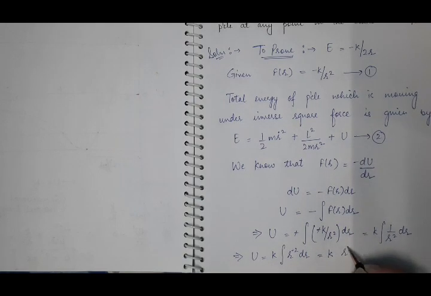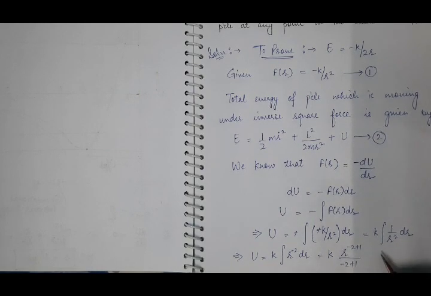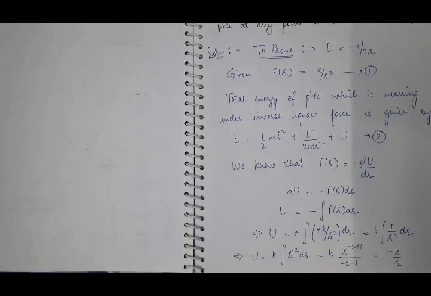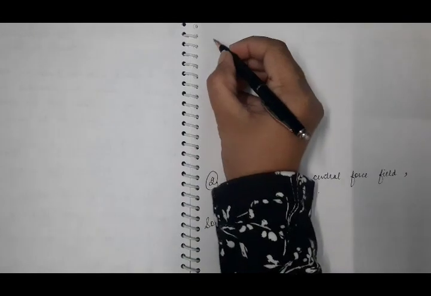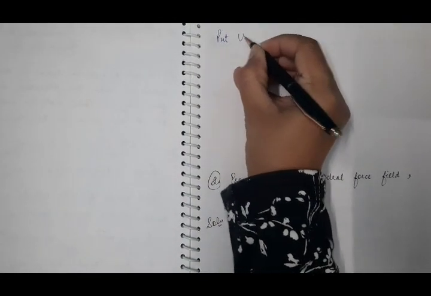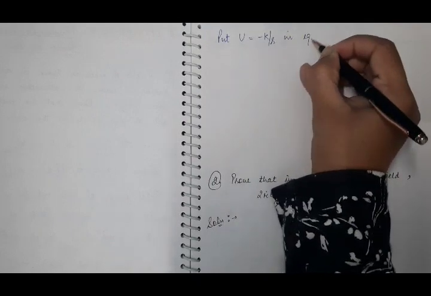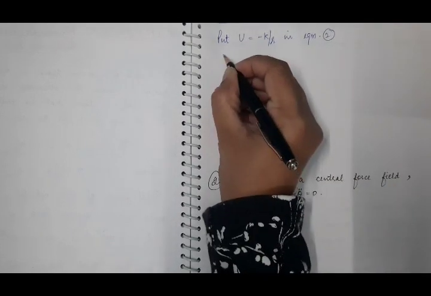It is r raised to power minus 2 plus 1 divided by minus 2 plus 1. So it is minus k by r. So U comes out to be minus k by r, and put that value of U in equation 2.